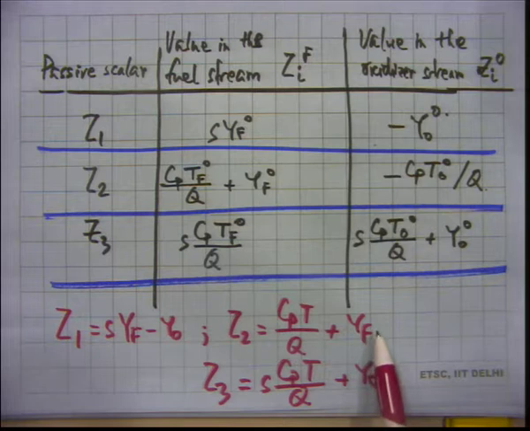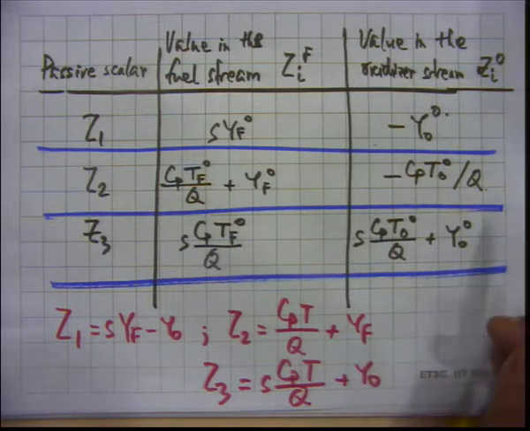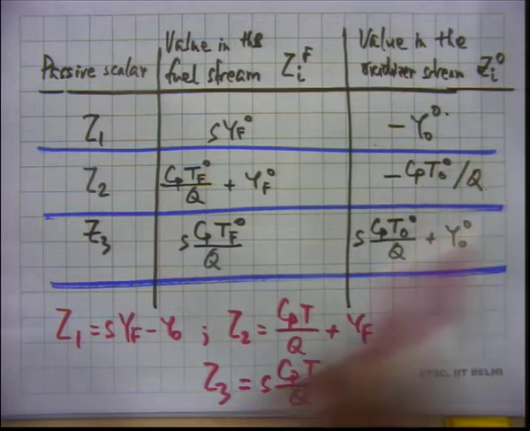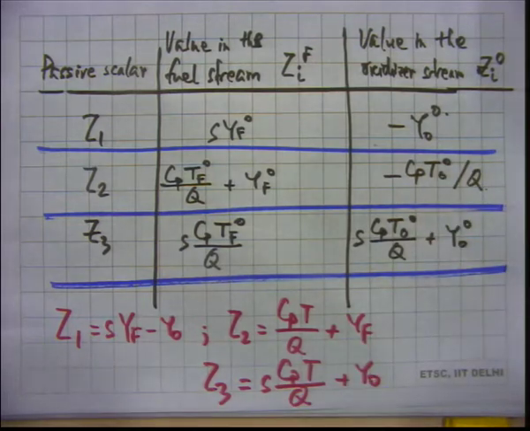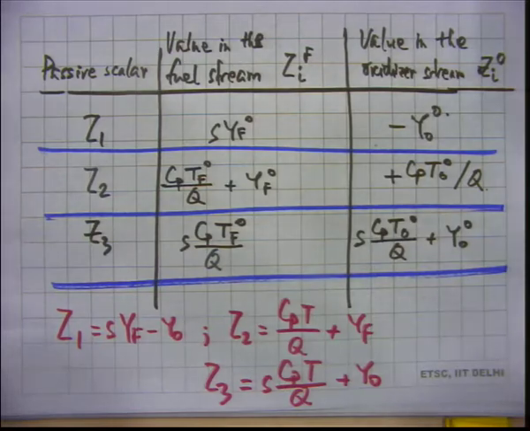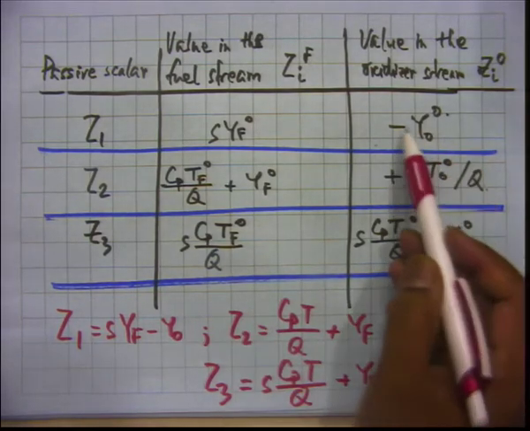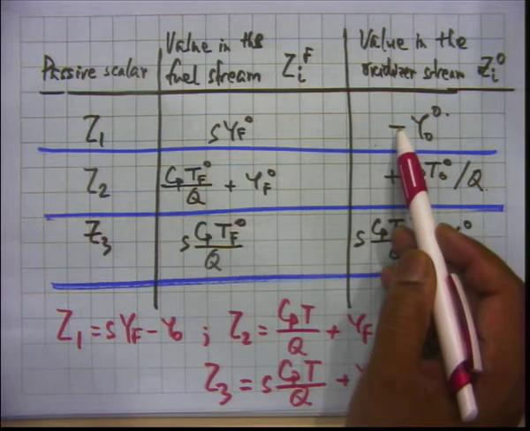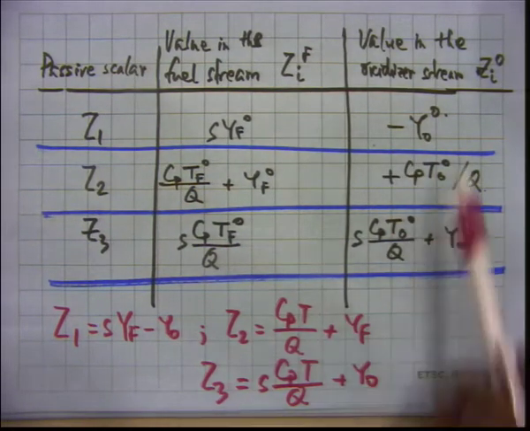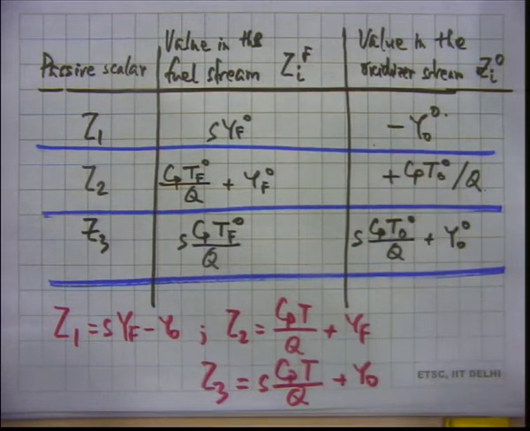So, that becomes 0, and there should not be a minus sign. I don't know how that came here. I think I got influenced by this minus sign. This minus sign is of course correct, so I ended up making this minus also.